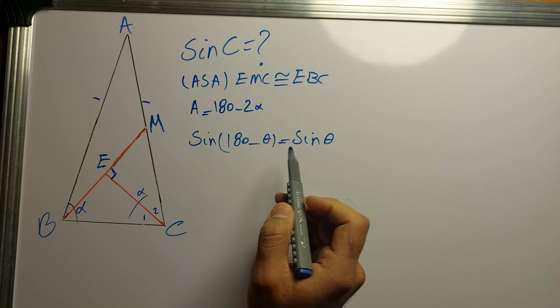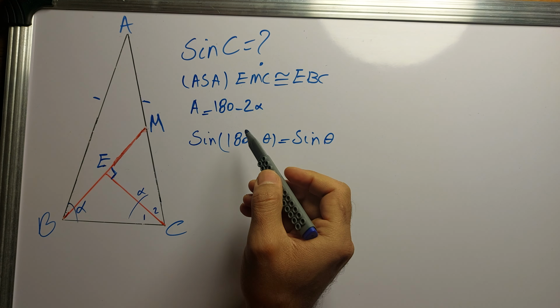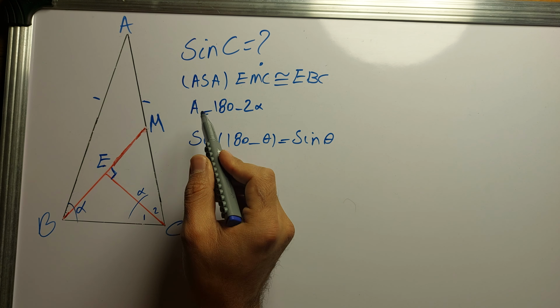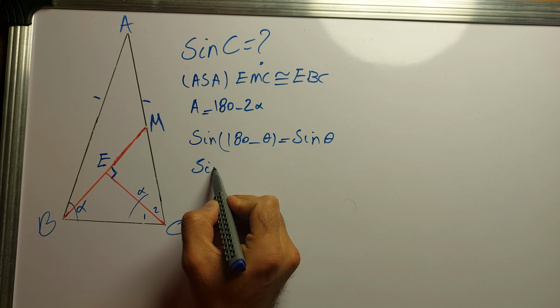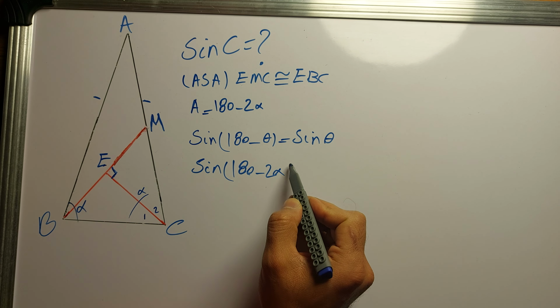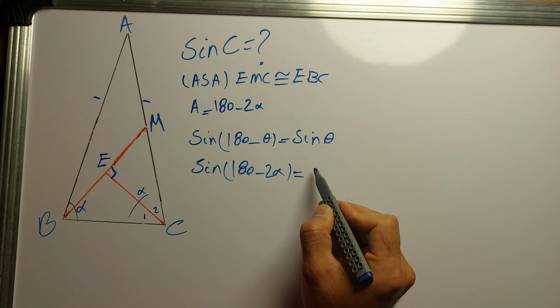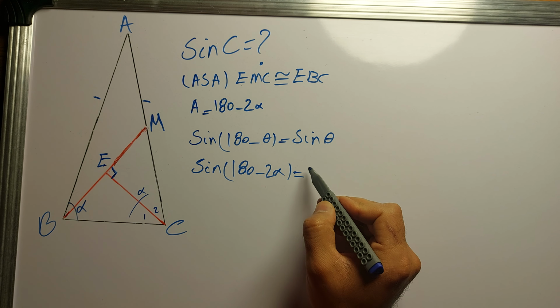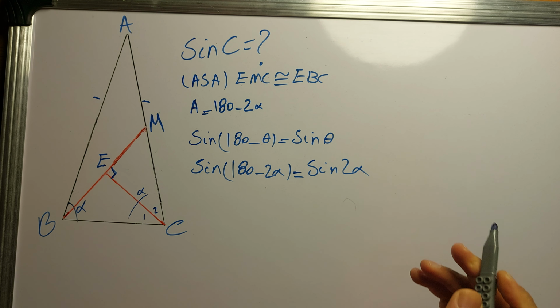It doesn't matter whatever theta is. So sine A is sine of 180 degrees minus 2 alpha, which equals sine 2 alpha.